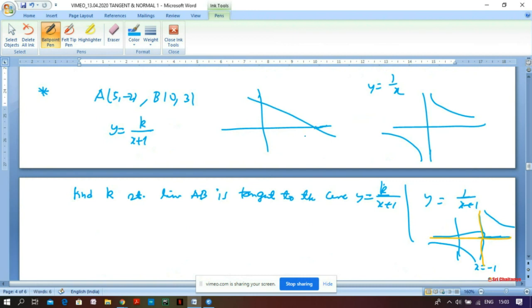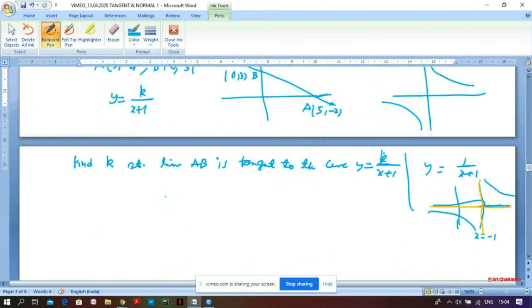Here I can just say that there is some line. This is point A, that is 5, -2, so A is somewhere here, and this B is 0, 3.